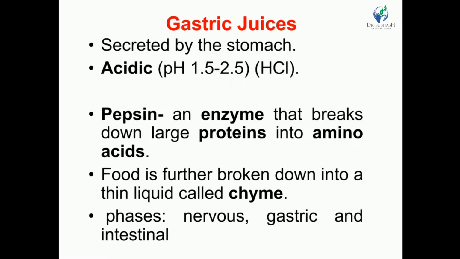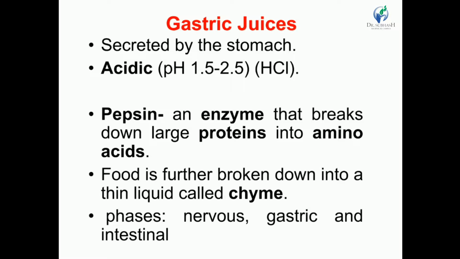In the gastric phase, further secretion of gastric juices takes place once food enters the stomach, and again it is due to stimulation and activation by the entry of food. It is generally mediated by the gastrin hormone, after about half an hour.